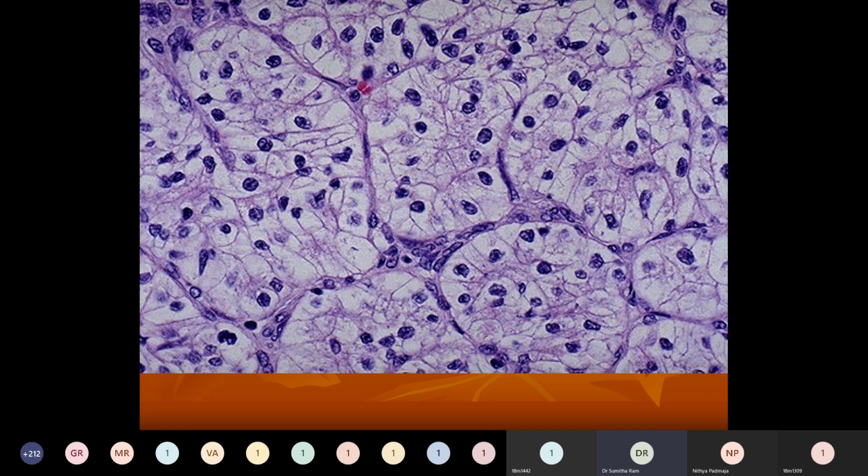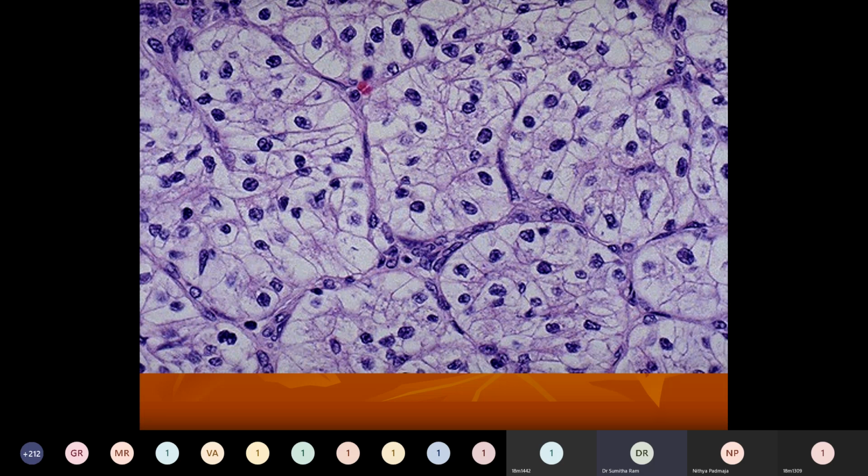Now, on microscopy, these tumors, as the name goes, the clear cell tumors, are arranged in specific lobules, or you can call it an alveolar pattern. The tumor cells have distinct cytoplasm with an abundant amount of clear cytoplasm, and then there is nuclear grading.